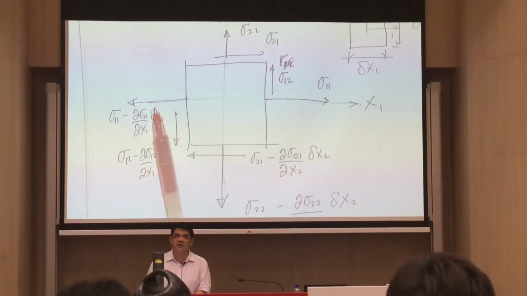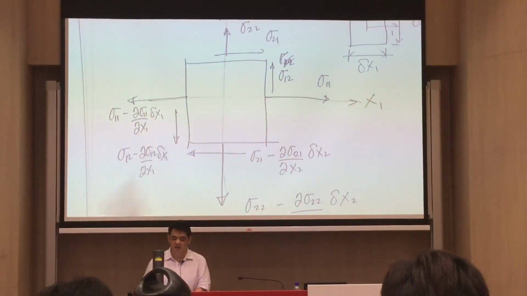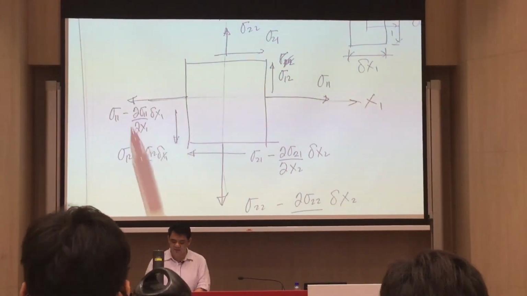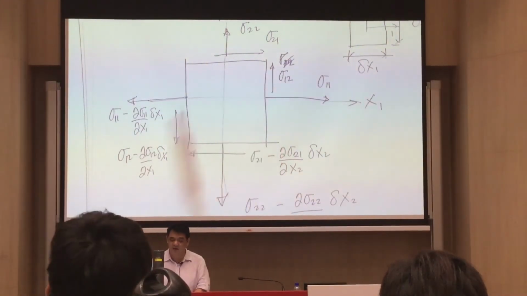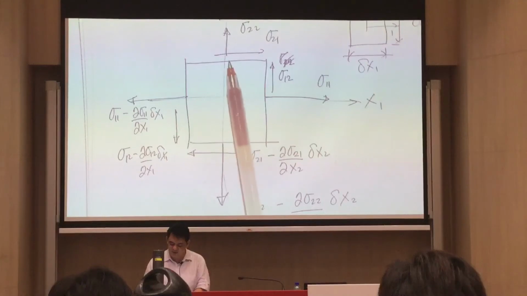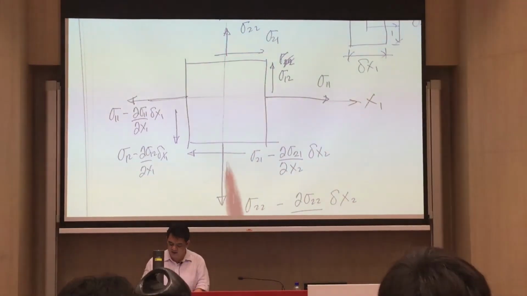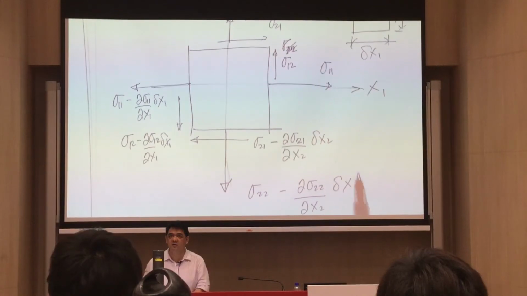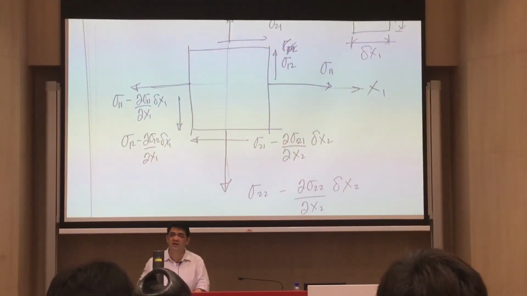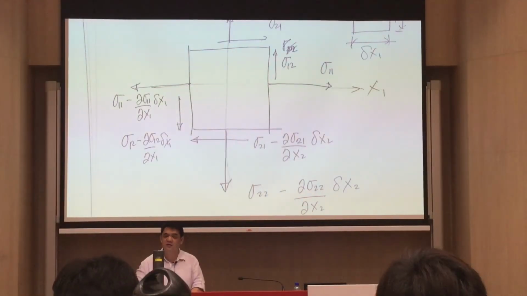And on the other side, we have sigma 1,1 minus this small term that mentions that there is a change of stress as you move from this point to that point. The same is true with this one here. Sigma 2,2, you go down here, there is a sigma 2,2, but this one also mentions that there's a small change of stress as you go from this point to that point.